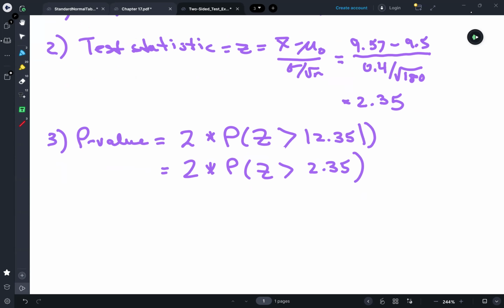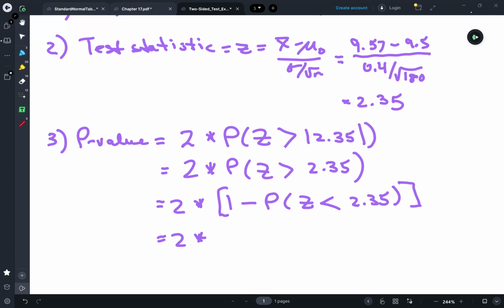I didn't really need the bars because it was positive. So I need to go 2 times, and this is going to be 1, subtract the probability that Z is less than 2.35, right? Make sure that all stays together. Because it's greater than, I have to do that trick that we know so well.